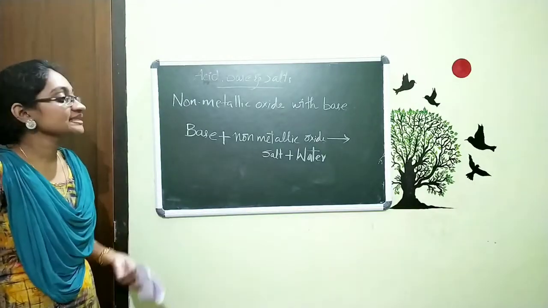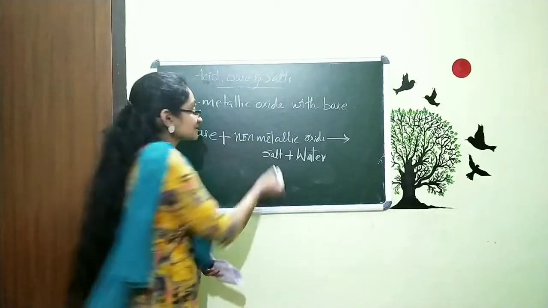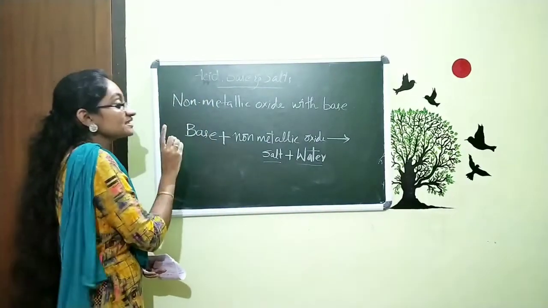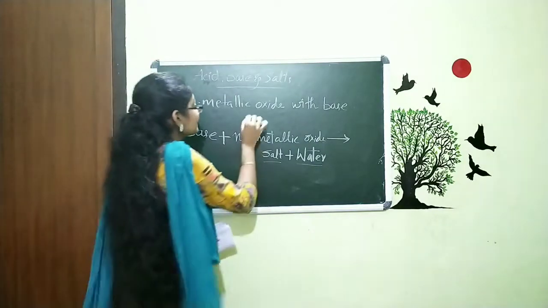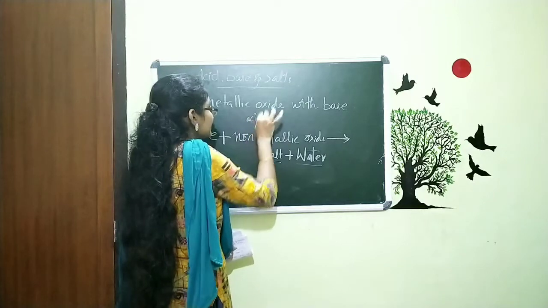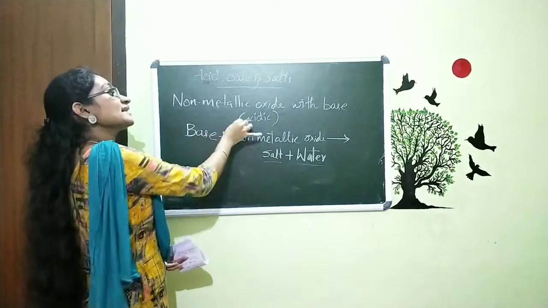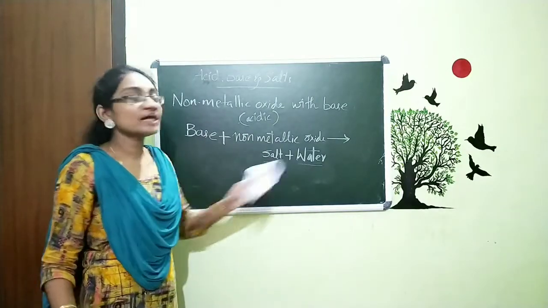Again, the same thing as neutralization. The product is salt and water. That means this is the base, and the non-metallic oxide is actually what? It is acidic in nature. That means when a base and acid react together, the products are salt and water.